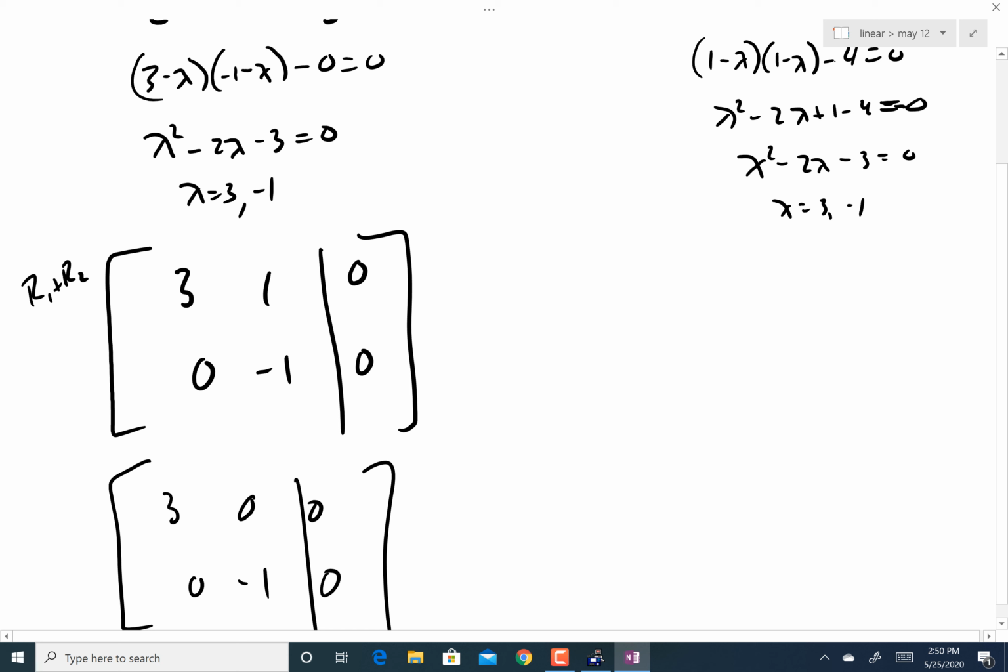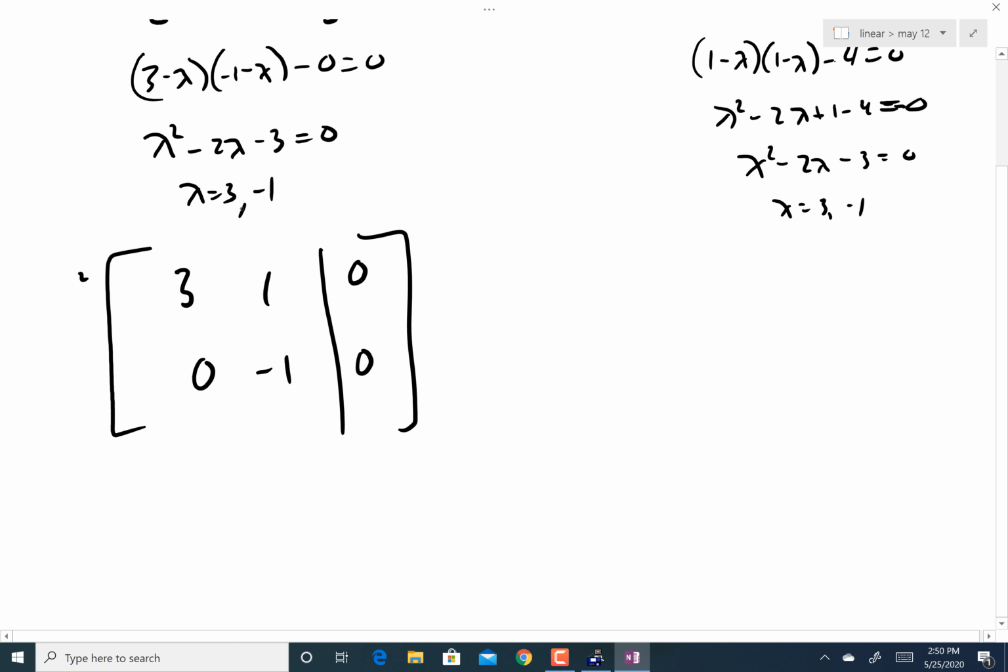Oh, I know why I'm doing it wrong. You've got to put in an eigenvalue here. So listen, 3 minus 3 is 0, and negative 1 minus 3 is negative 4. That's great. So in other words, it doesn't matter what you multiply the first one by, and you can multiply the second row by 0. There you go. So that would be this one.